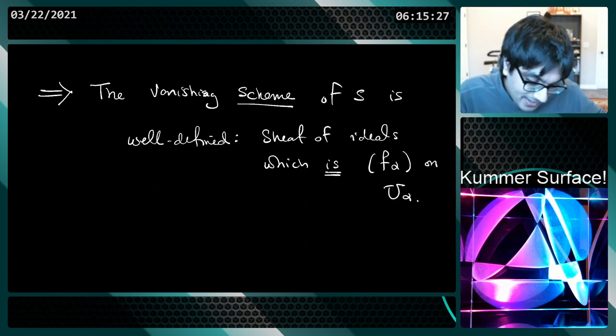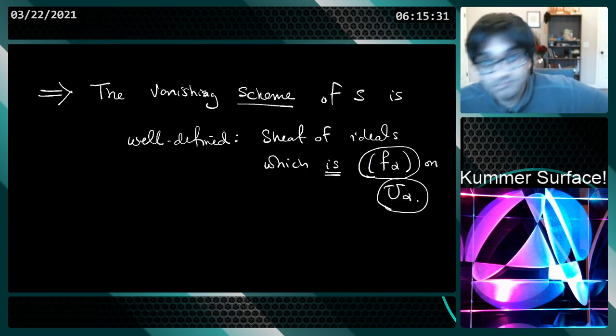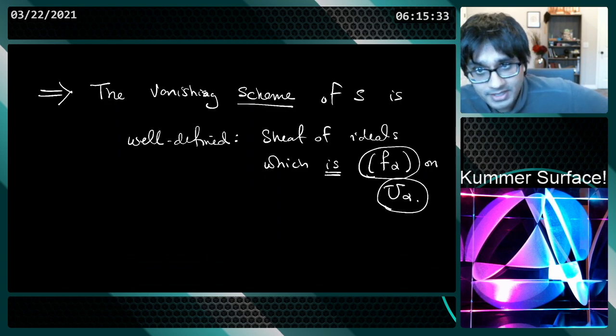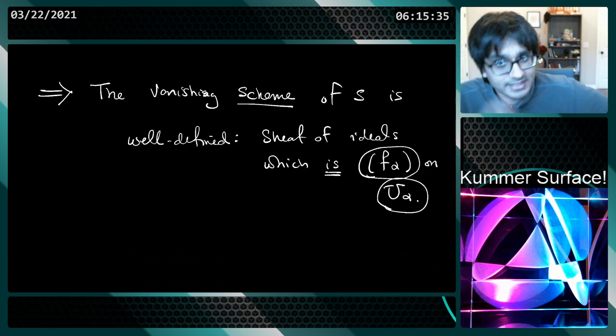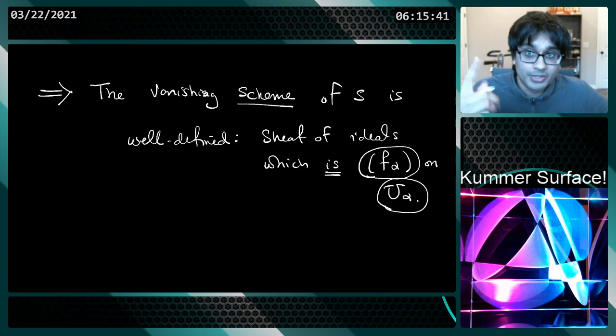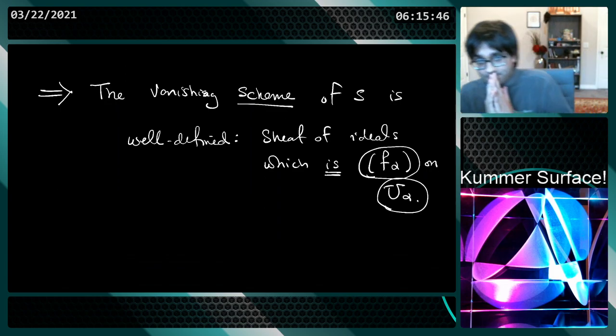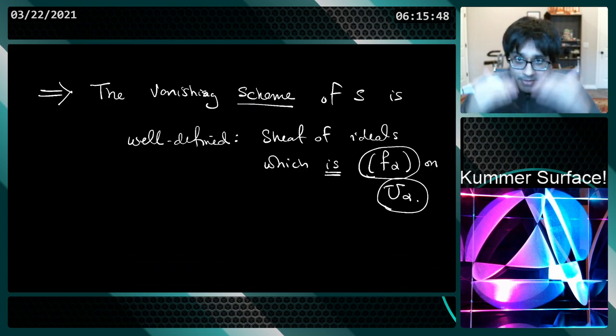And so when you take this ideal on U alpha, it's well defined. You choose a different trivialization, you're going to get the same ideal, but not the same function f alpha. You'll get a function up to a unit, which is one particular principal ideal. Okay? And the scheme is that ideal.